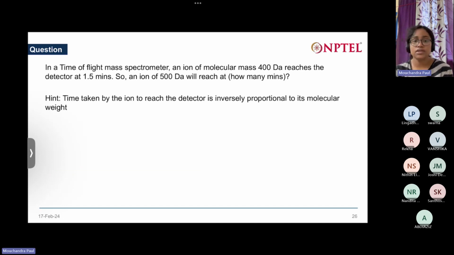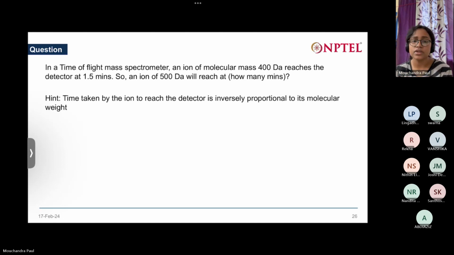Now, another question. In a time of flight mass spectrometer, meaning you are using the time of flight mechanism to analyze, there is an ion of 400 Dalton and it reaches the detector in 1.5 minutes.